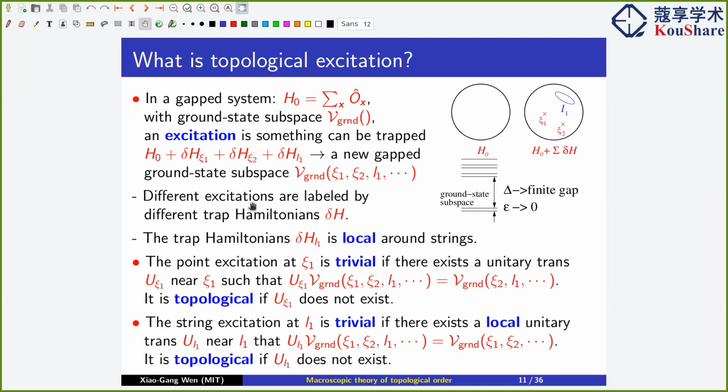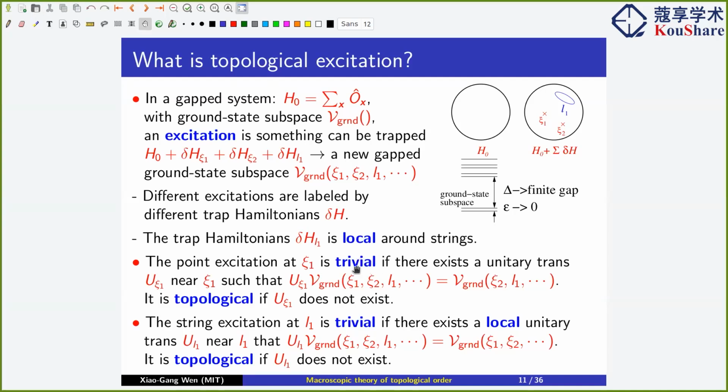So next we have to define when two trap Hamiltonians are equivalent. If two trap Hamiltonians are equivalent, we say these two traps describe the same excitation. That defines the type of excitation, so we need to define the equivalence.